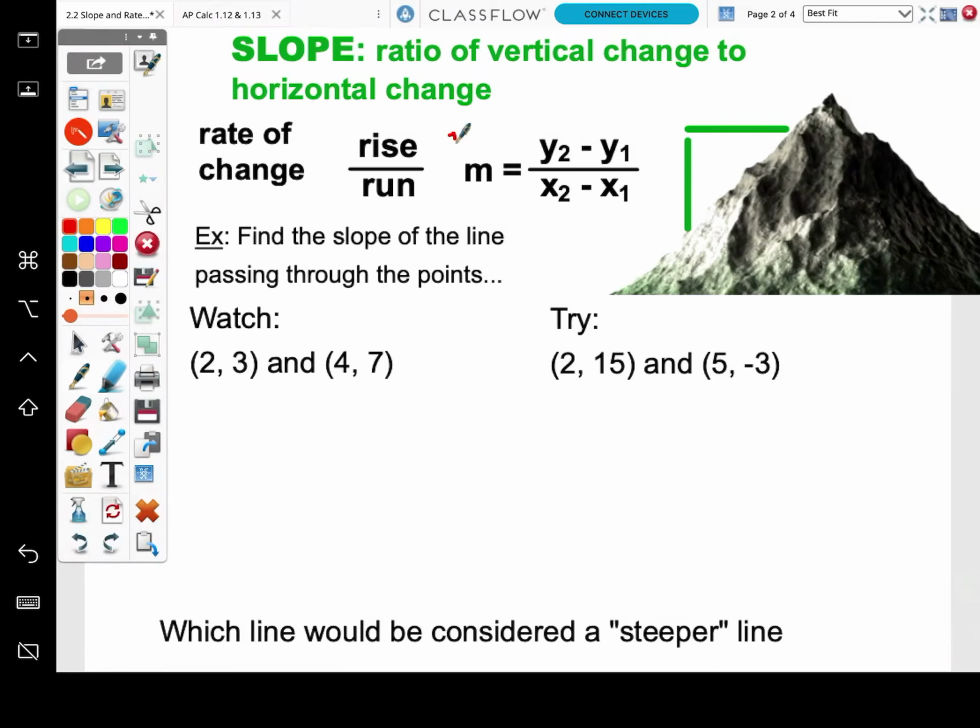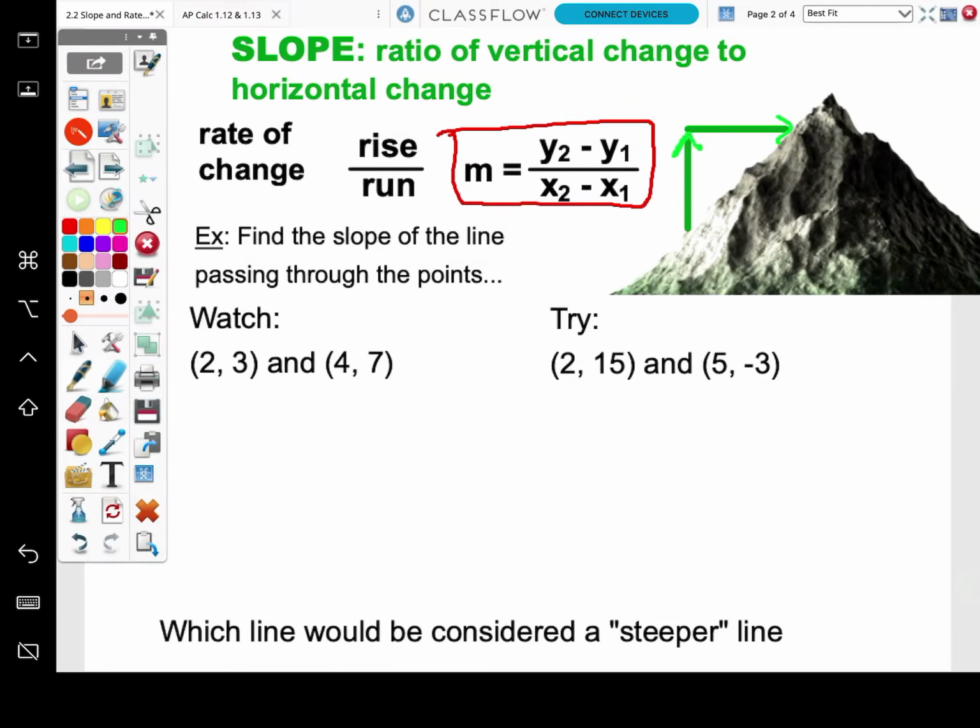And also remember that there is a slope formula, okay? The change in y's over the change in x's, so y2 minus y1 over x2 minus x1, is definitely a formula you need to have memorized. Okay, so vertical change over horizontal change is how we do that.